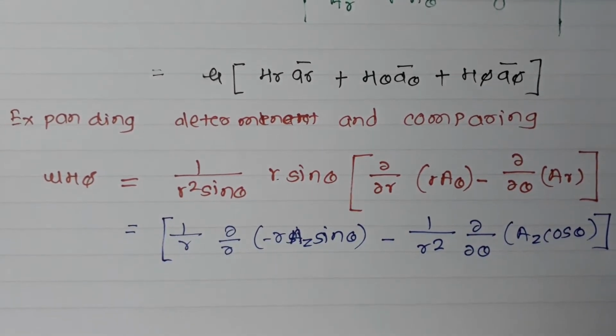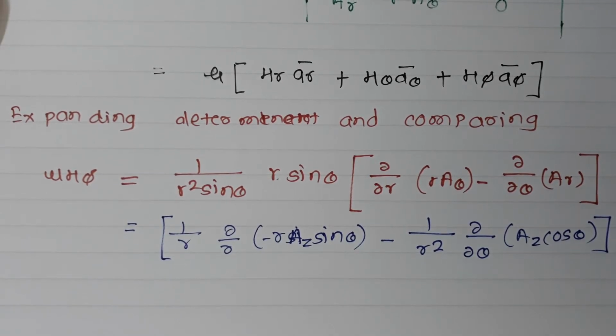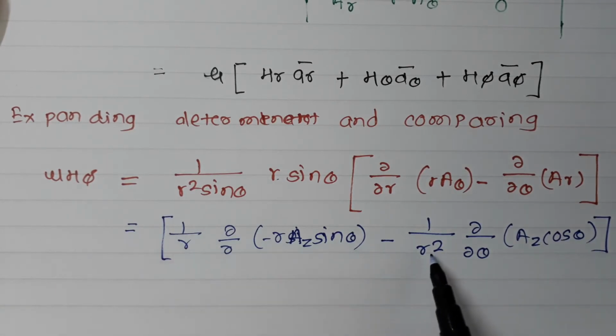Now if I see the equation, after putting the value of az and differentiating, we can easily see that the first term is inversely proportional to r, and the second term is inversely proportional to r square. At larger distances, this second term will be very small compared to the first term, and it can be neglected.